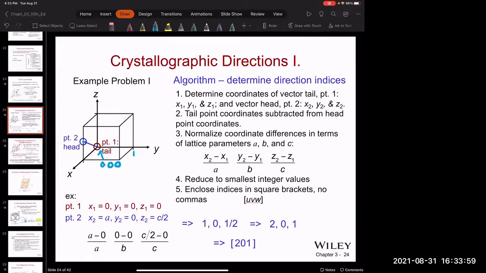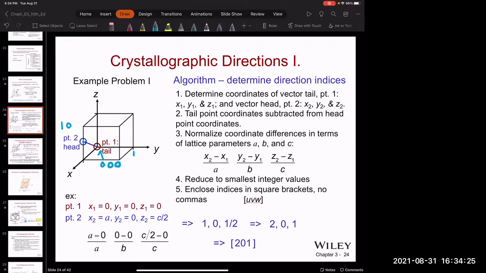So how do I write the coordinate of this point? Well, the first thing you look at is how far it is from the origin in the x direction. Well, that is 1. What about y? Is there any movement along the y direction? No, actually it's going to be 0.